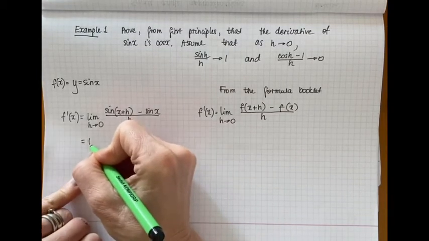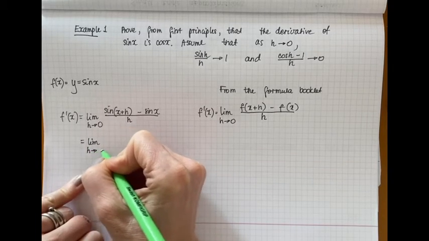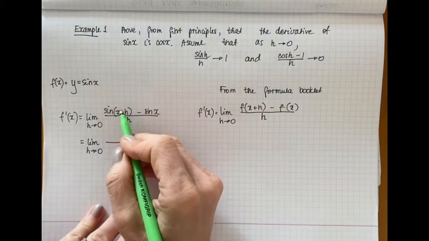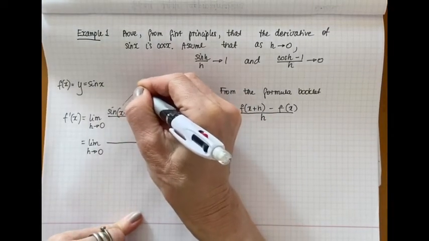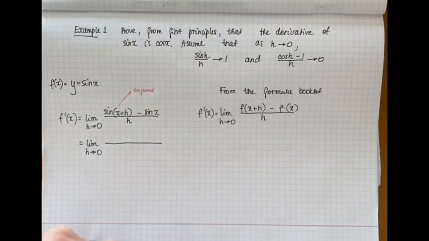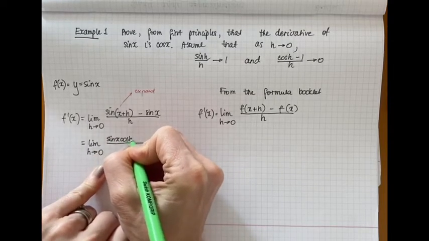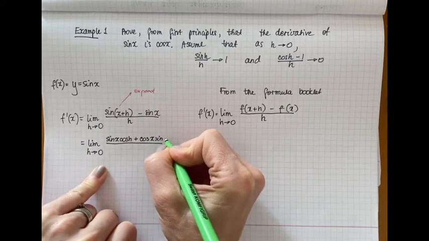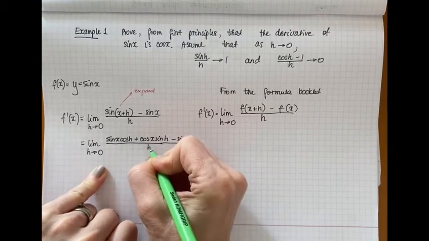Okay, so let's keep on writing that limit, so limiting value, as we go along. So what we can do over here, we can use the addition formula to expand the sine of (x plus h). So let's replace it. Remember, it's sine x cos h plus cos x sine h minus sine x over h.